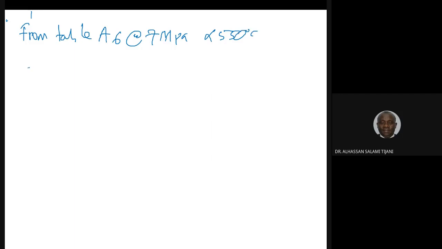So we will go to the superheated vapor property table, from table A6. At 7 megapascal and 550 degrees Celsius, we will have H3 equals 3531.6 kilojoules per kilogram.